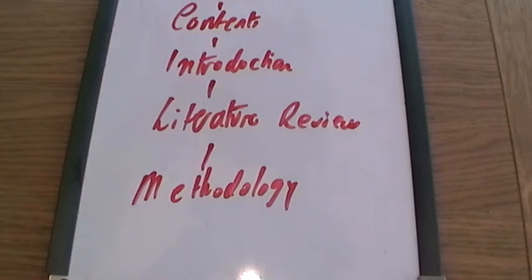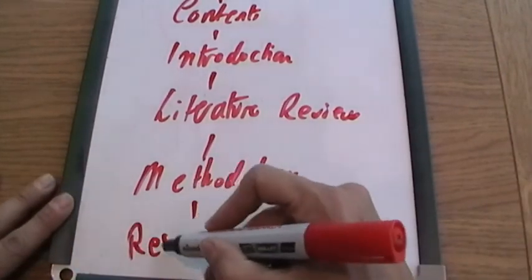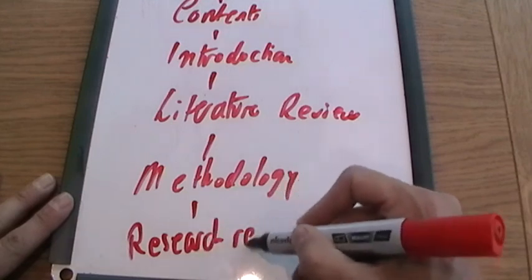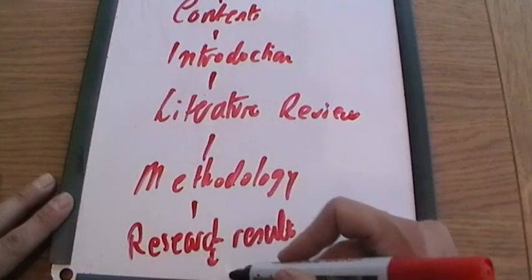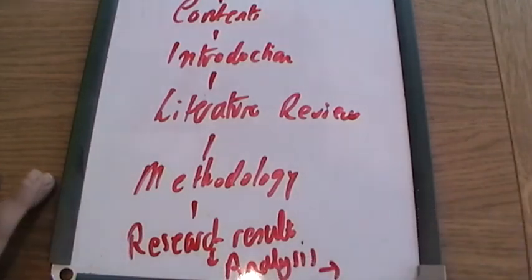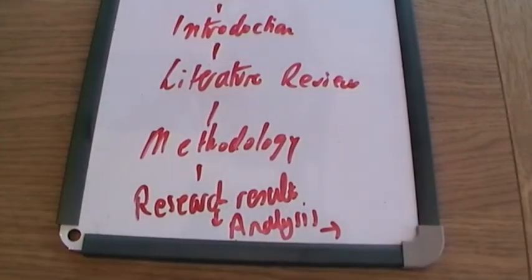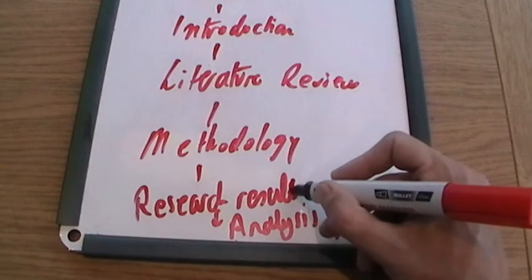So after the methodology, and you've told your reader what research methods you are using to meet the aims of your research, next you have the research analysis. It might be the research results first and then the analysis. Sometimes they can go together in a chapter because that makes sense, and other times they might be separate chapters depending on the length of your dissertation.